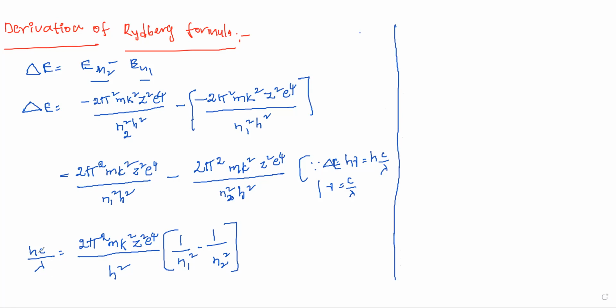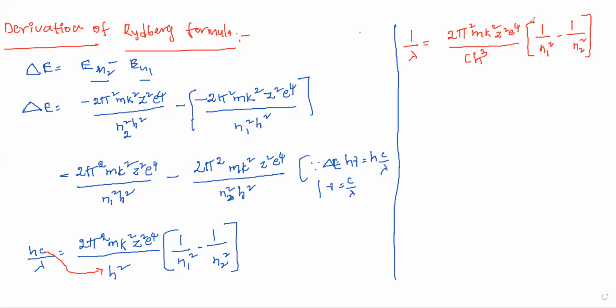Here hc is there, and this hc we are bringing down. It will multiply and come here. Then what will happen there: 1 by lambda equals 2 pi square m k square z square e to the power of 4 by ch cube, because hc came here, h square becomes h cube, into 1 by n1 square minus 1 by n2 square.